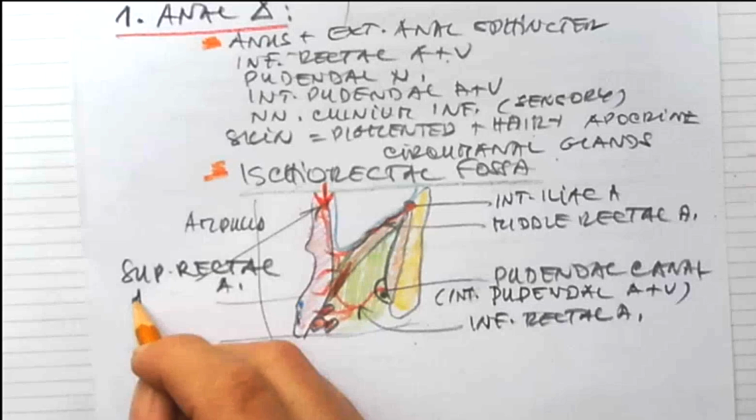Concerning the veins, last notes for today, number one, there is the venous plexus around the rectum. This is what we said, venous plexus. And the venous plexus is drained in three ways: cranially into the inferior mesenteric vein, then centrally to the middle rectal vein and internal iliac vein, and finally caudally, which are interconnected.